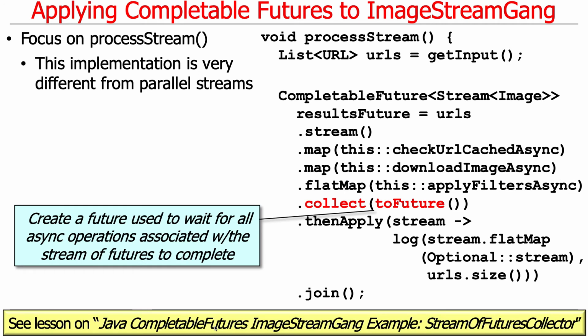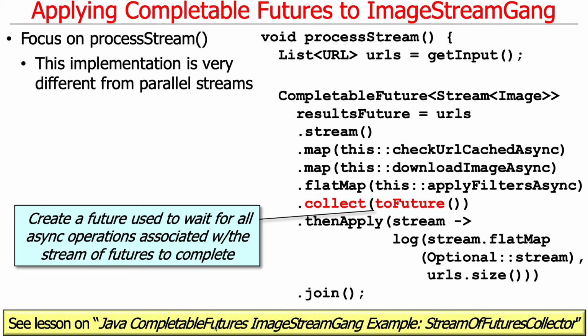What we then end up with is a stream of completable futures to images that are in the process of being transformed and stored. And then we're going to go ahead and collect everything, and we'll talk about what collect does in a second. Collect, as you might expect, is going to take that stream of completable futures to optional images, and it will return a single completable future, which will trigger only when all the other asynchronous processing is finished.